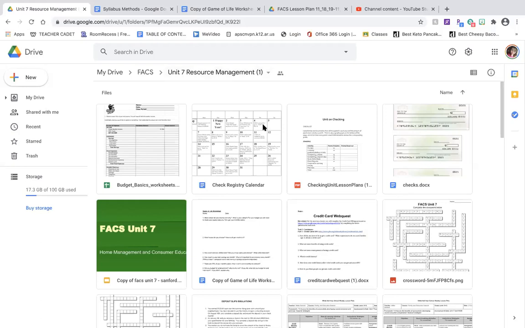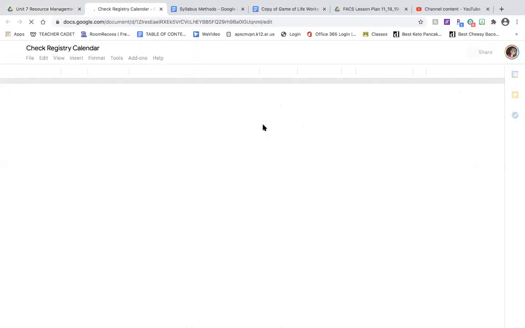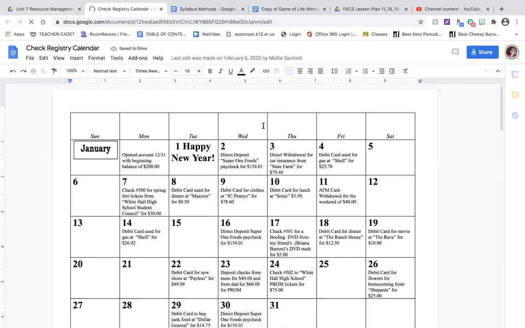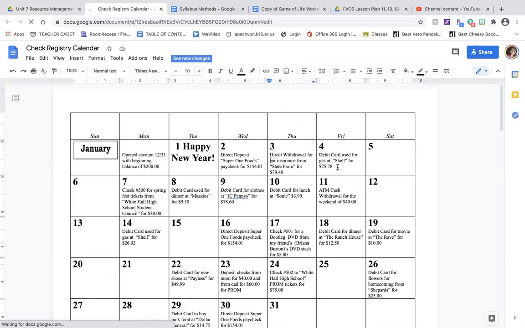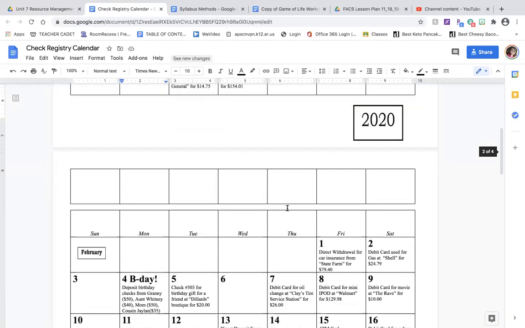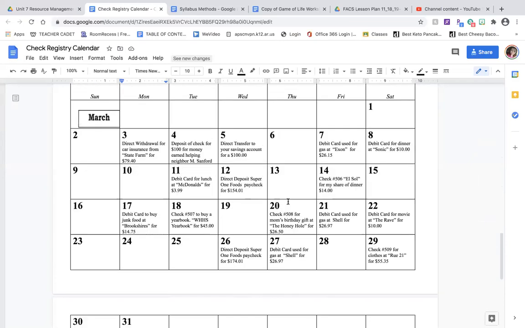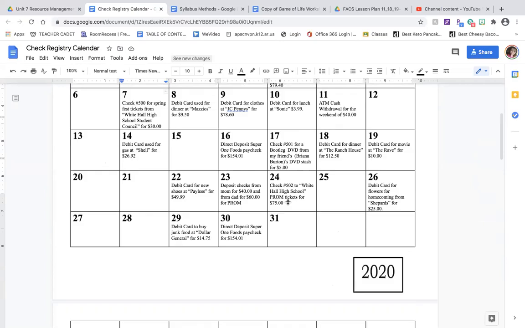I made a calendar that I print out for them, and I tell them they have a fake bank account. The calendar tells them all the different transactions they made, where it was to, how much it was for, the day it was on, and what form of payment they used, debit card or check. They have to go through this and fill out a check registry booklet and total up how much money they spent.